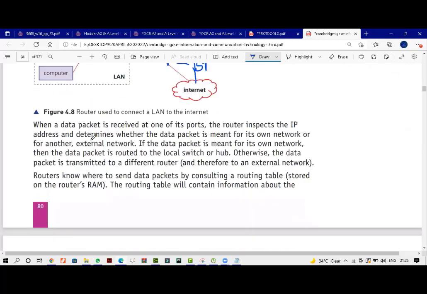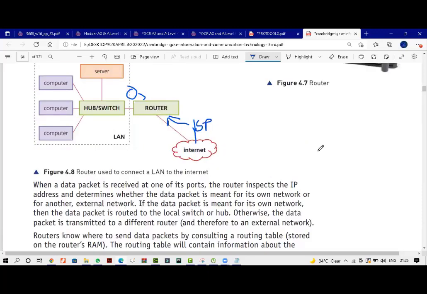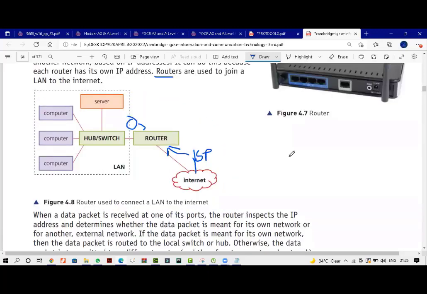Can you kindly explain proxy servers? Okay, a proxy server is a server that is middleware between the ISP and the LAN. A proxy server is there to administer what kind of data should come in and go out of the LAN. A proxy server can have a firewall installed within it.